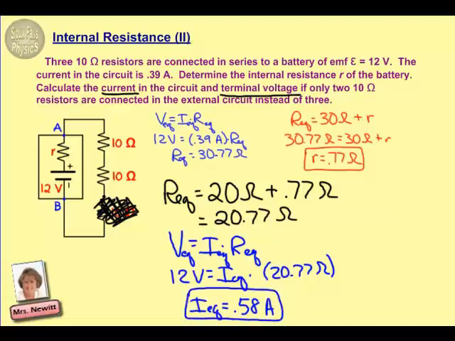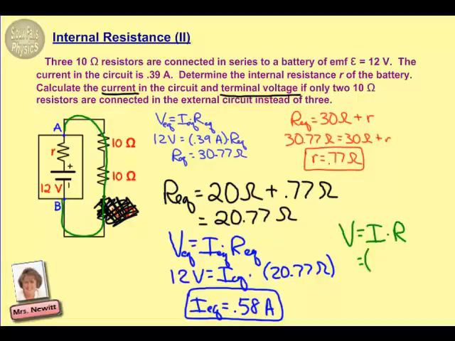Finally, it asks for the terminal voltage in this situation. And again, we can find that by applying V equals IR to just the external circuit amounts. So between points A and B, we have a total resistance of 20 ohms.